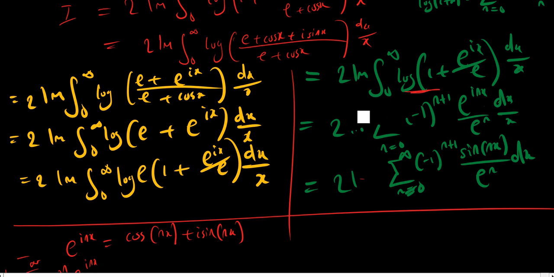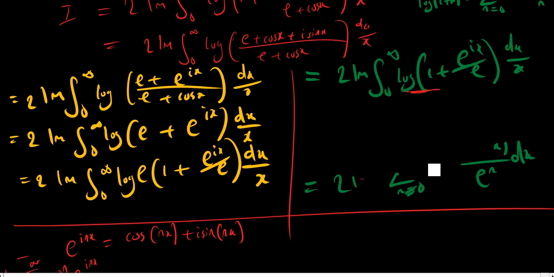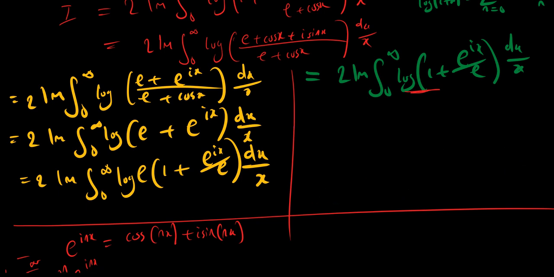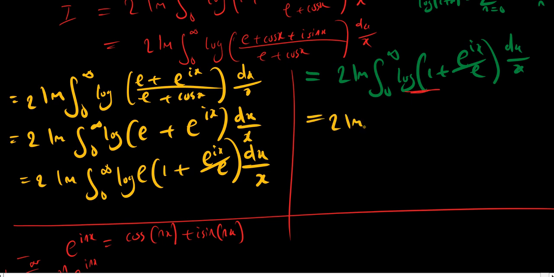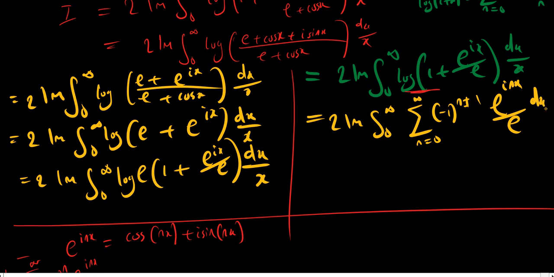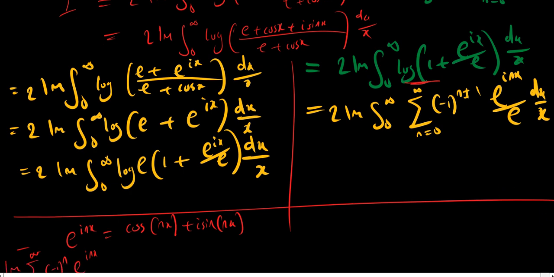Yeah, I forgot this integral completely. So this will be twice the imaginary part of the integral from 0 to infinity of the sum, as n runs from 0 to infinity, of (-1)^(n+1) e^(inx) all divided by e^n dx over x. Okay, now let's continue from this part of the board.